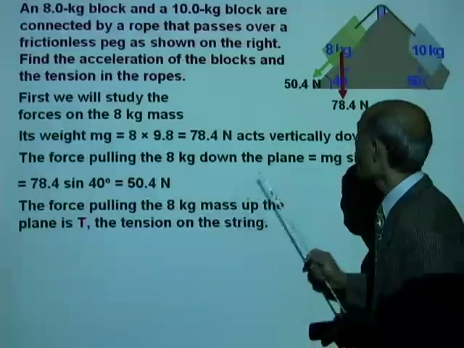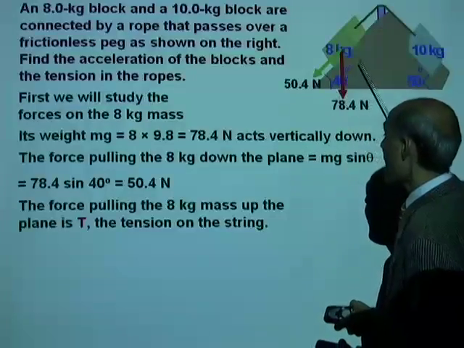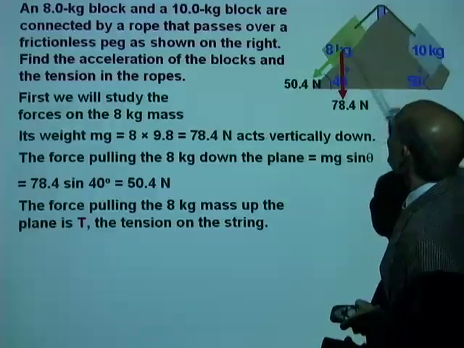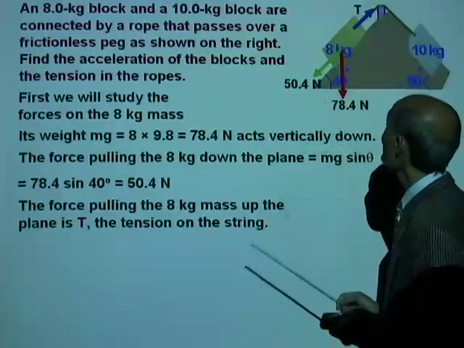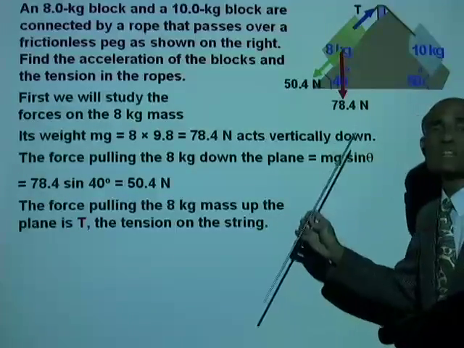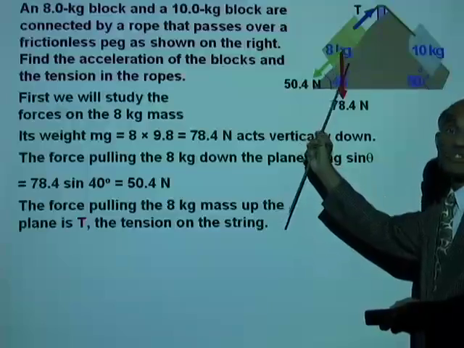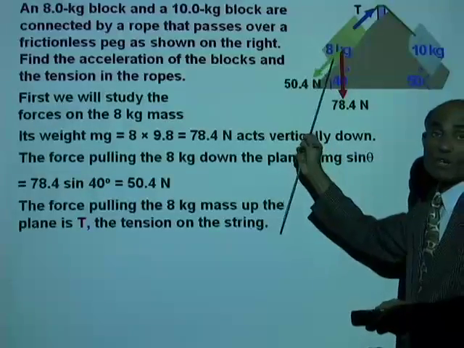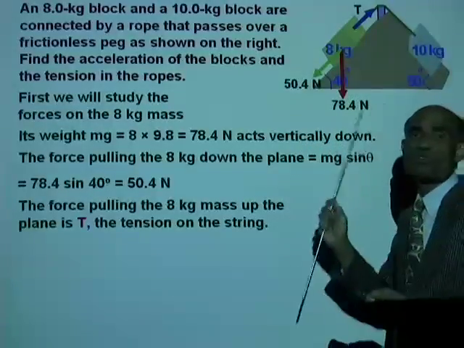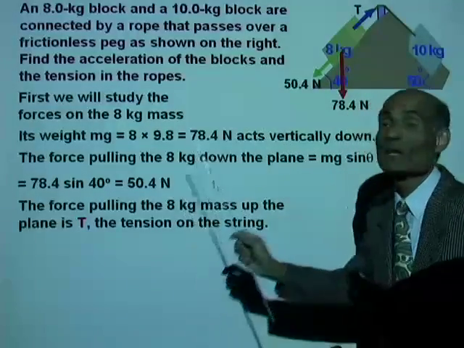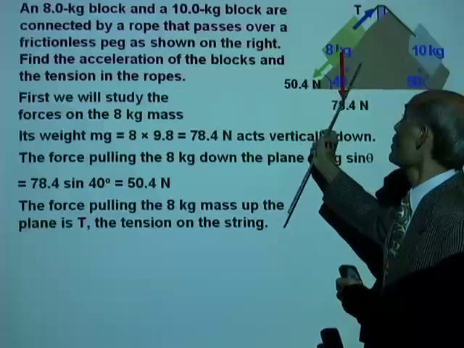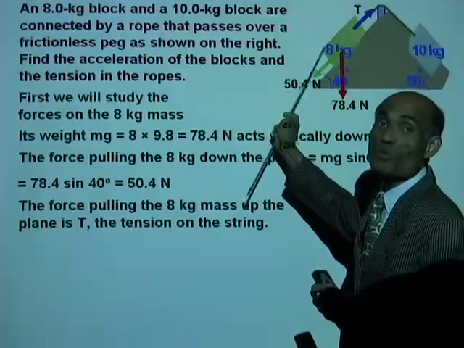Now the force pulling the 8 kilogram up the plane is the tension T on the string. Do we need to worry about the forces that are at right angles? We don't need to worry about the force that is pressing the block onto the inclined plane, because that force will cancel with the normal force.